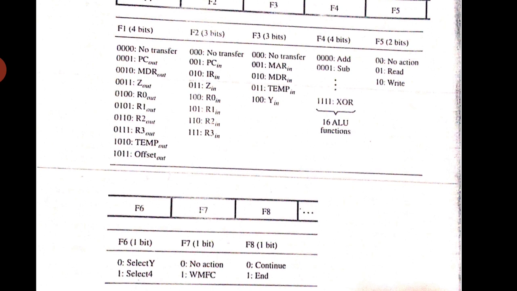Grouping of control signals into fields requires a little more hardware, because a decoding circuit must be used to decode the bit patterns of each field into individual control signals.